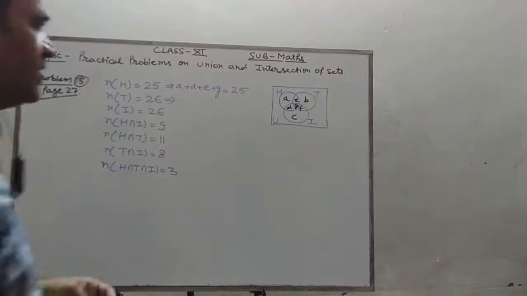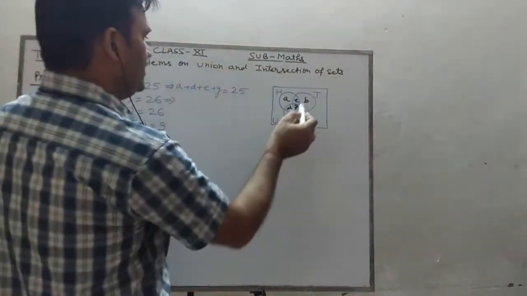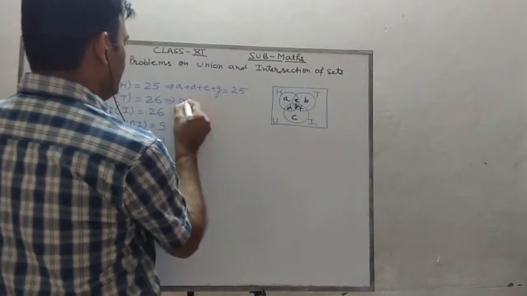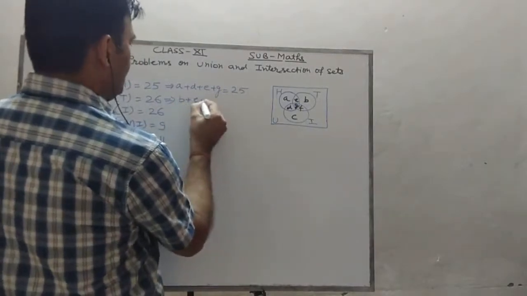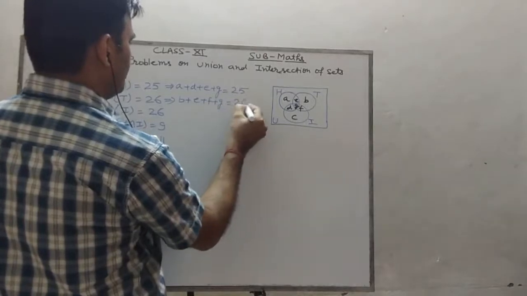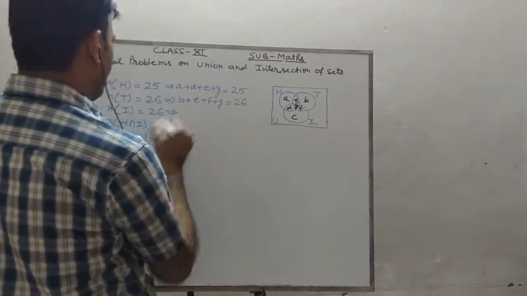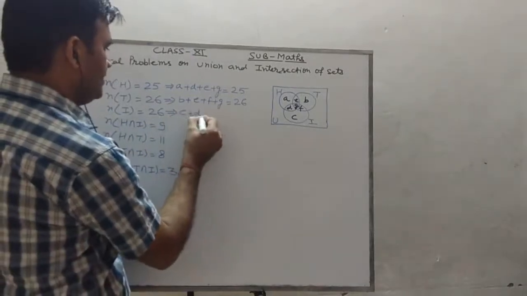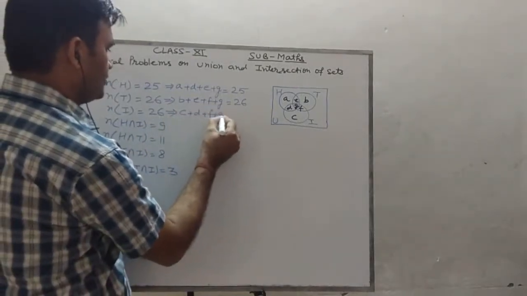Which are the elements of T? The elements of T are B, E, F, G. So B plus E plus F plus G equals 26. Now from I, C plus D plus F plus G equals 26.